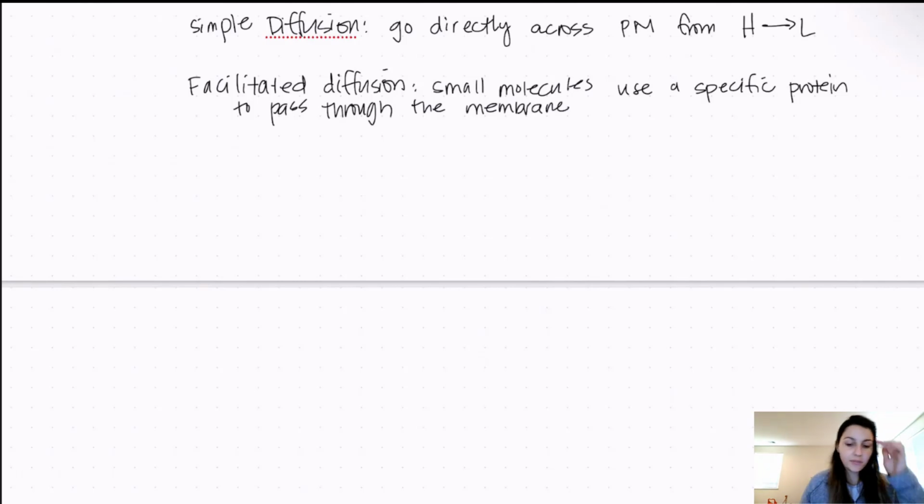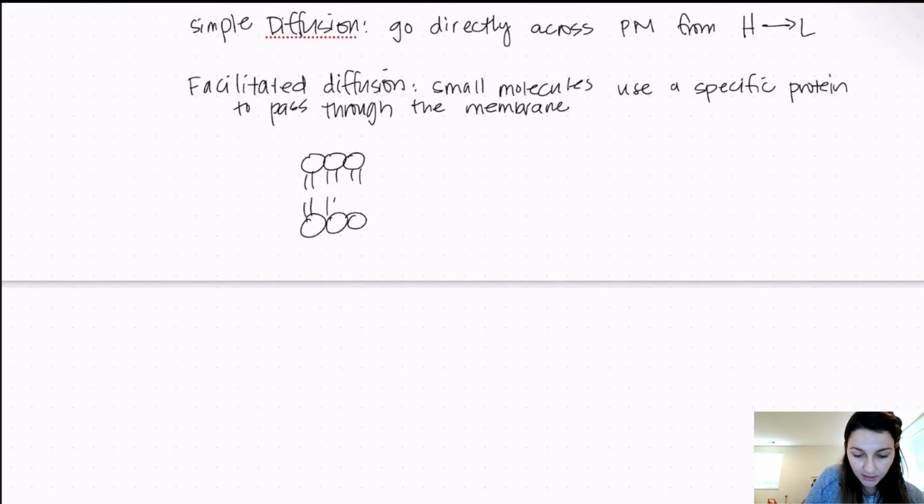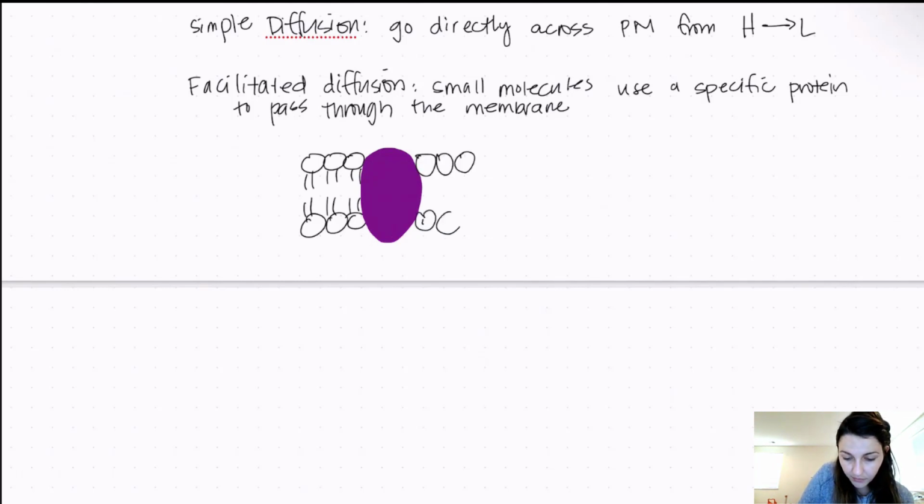So if I have a plasma membrane here, I'd have phosphate heads and fatty acid tails, and remember it's a bilayer. Then I'd have this big protein that I'll draw in purple because purple sounds fun. There's my protein that's going to help whatever molecule get past. It's an integral membrane protein because it's integrated into that membrane.